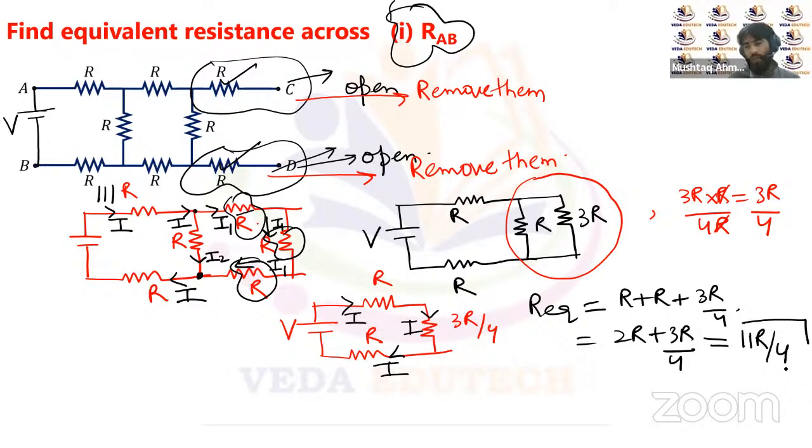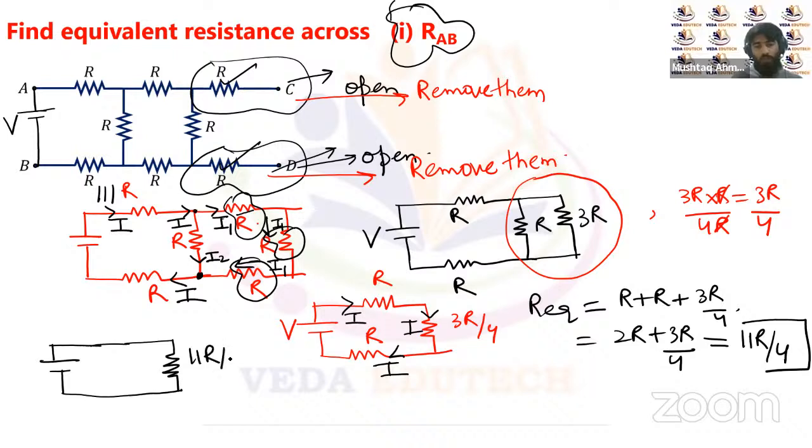So the equivalent resistance for this circuit is 11R upon 4. This will be the final equivalent circuit, 11R upon 4, with the battery.